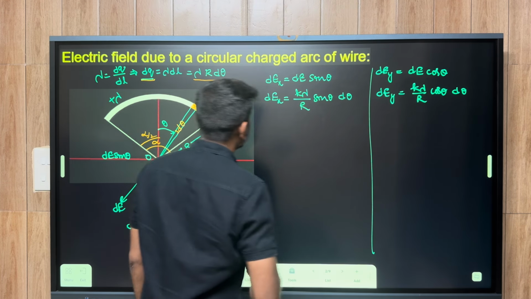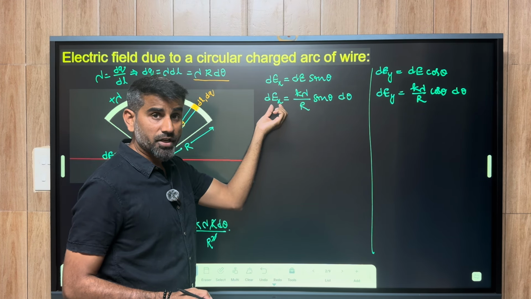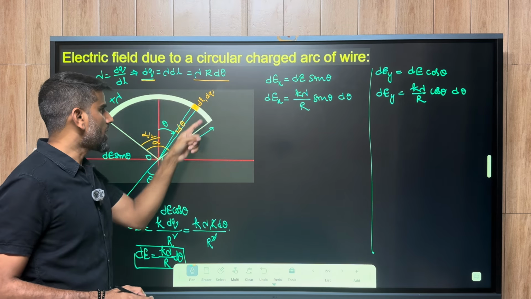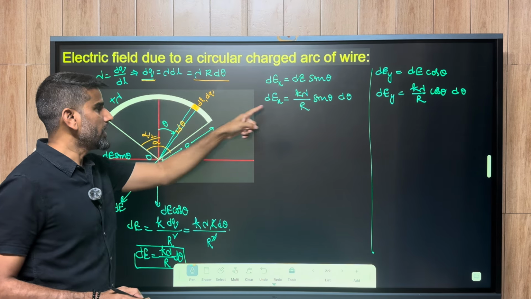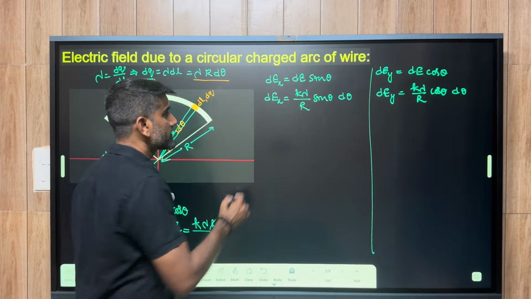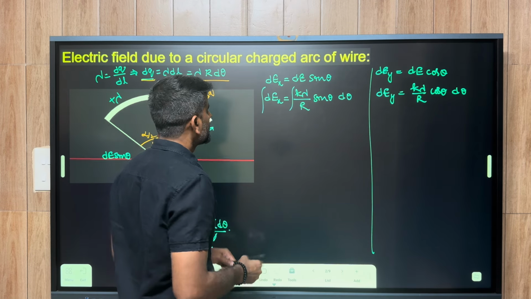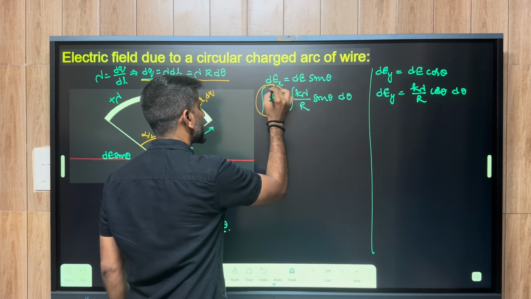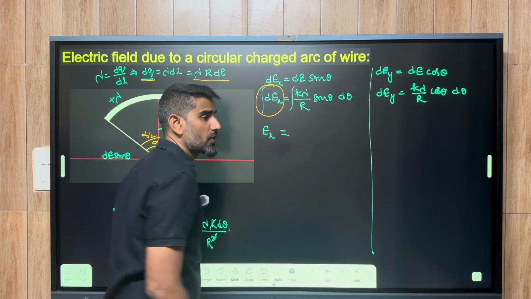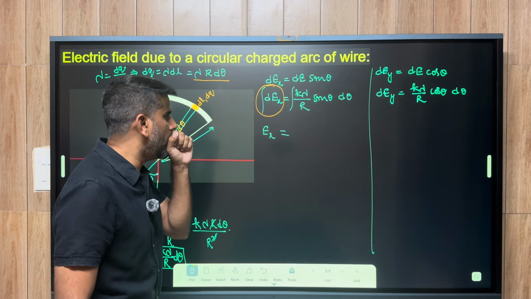Now this is the x component of electric field due to this small element, but I want to find the x component of electric field due to this entire arc. In that case, I'm supposed to integrate it. Integral dx is x, so integral dEx is Ex.